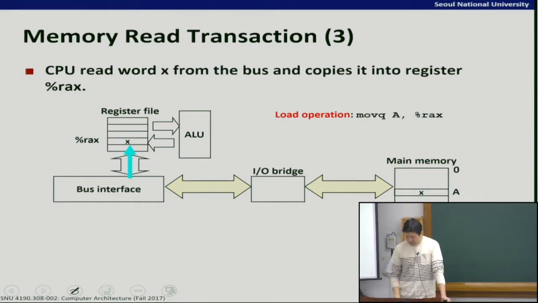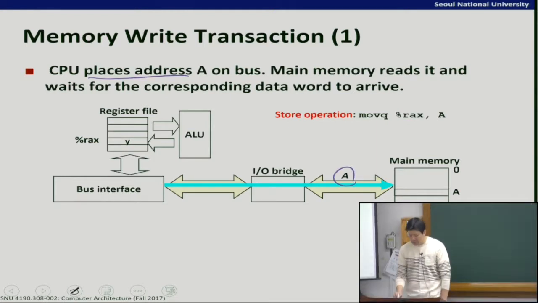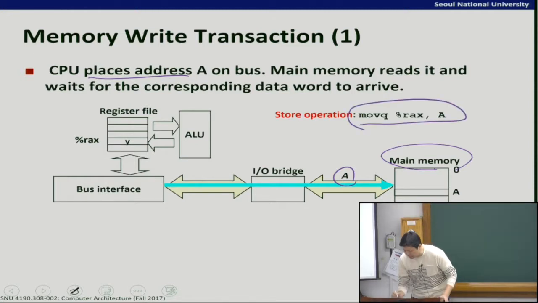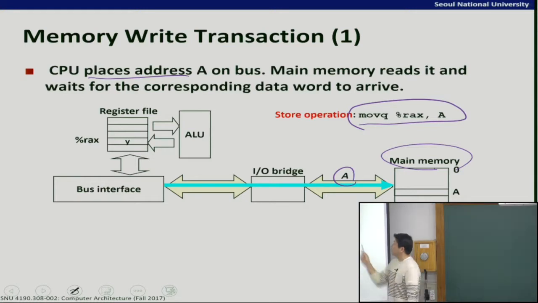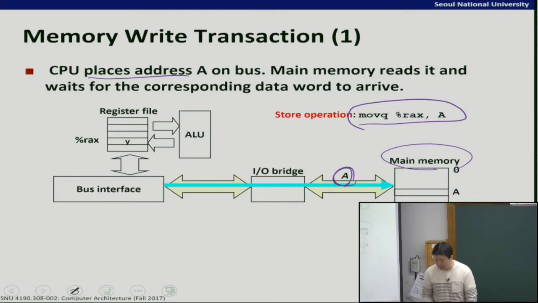Okay. Then what about the write? Write is the opposite. For a write, the CPU places address A on the bus again, and this main memory reads the address A and waits for the corresponding data to arrive. Because in order to write some value, let's say you execute this instruction, what it does is copy the contents of register RAX to the memory location A. It's like a store instruction. So in this case, you first send the address you want to copy the data to.